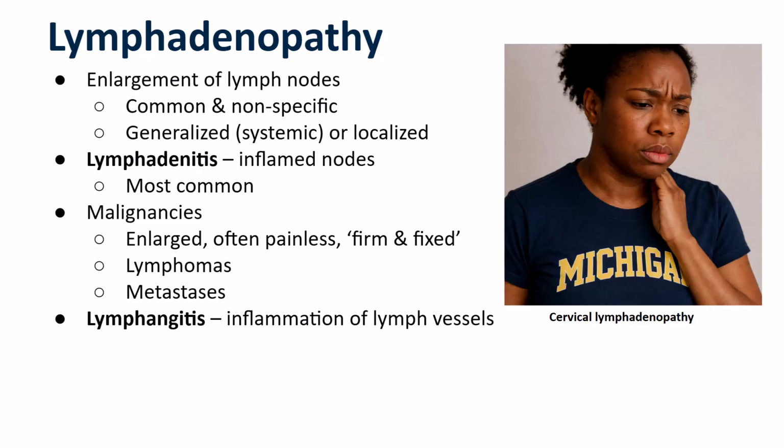Typically, with a malignancy, a lymph node is enlarged, painless, and what we say is firm and fixed. So when you palpate a lymph node, typically it can be quite squishy and it can kind of roll under the skin where you're palpating it. But a firm and fixed lymph node feels like a rock almost, a very solid mass that can't be moved around. And so this might be indicative of a lymphoma.